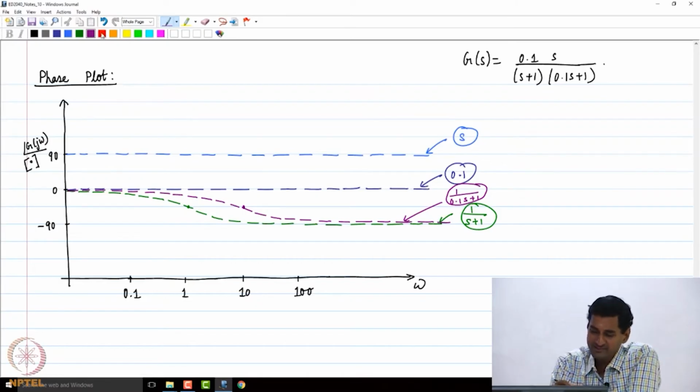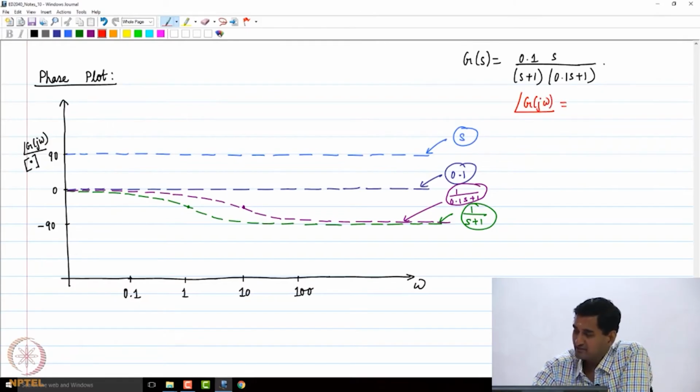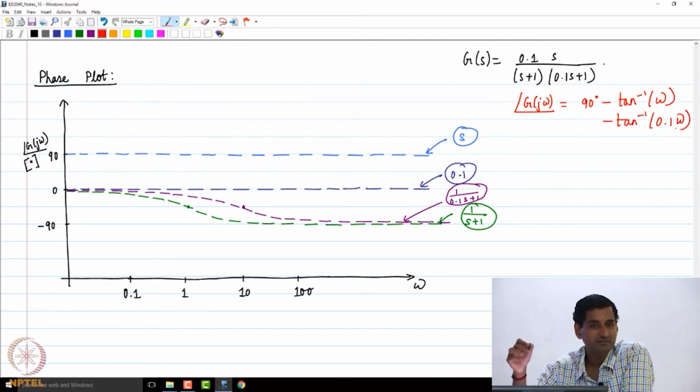If you look at the phase of G of j omega, the formula for this is going to be 90 degrees, because that is what s will give me, minus tan inverse omega, that is the phase of 1 by j omega plus 1, and minus tan inverse of 0.1 omega, because that is the phase contribution of 1 divided by 0.1 j omega plus 1.